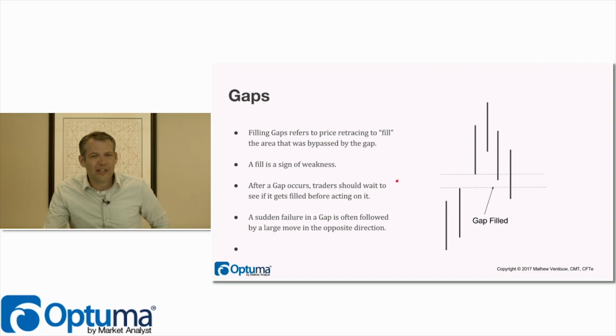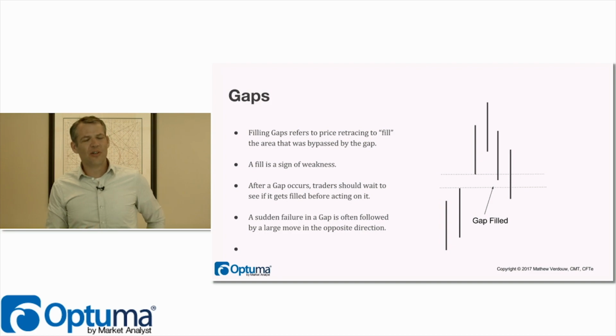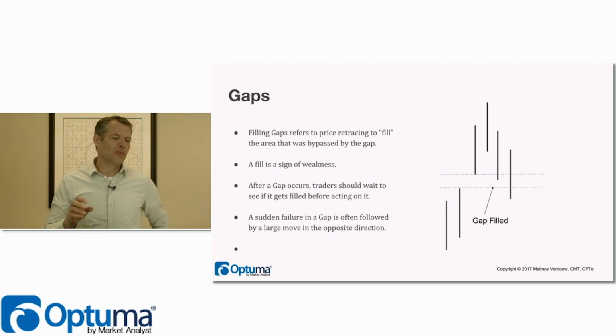I don't necessarily agree with this third point here, and this is sometimes where we've got to teach you the material of what's written. It doesn't really make a lot of sense to me, but what they're basically saying is after a gap occurs, you should wait to see if it gets filled. I mean, that's fine. And as I said, we're only talking about 3 or 4 days. So we should be waiting to see if it didn't get filled, then yes, this is a really strong signal of the market heading off in this case, an upwards direction.